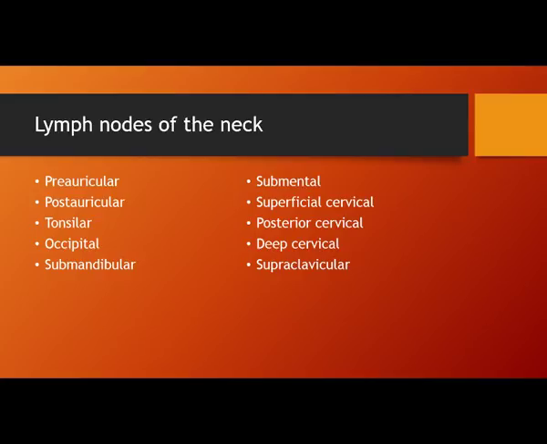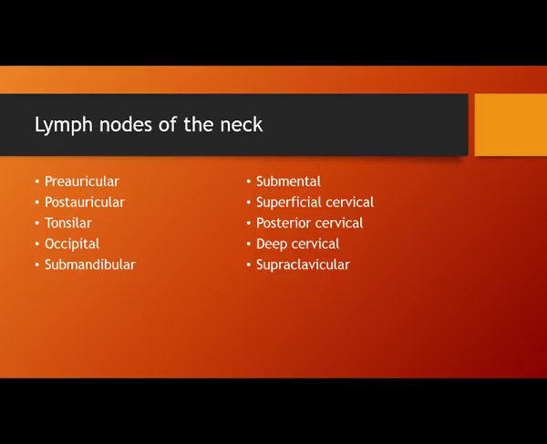Pre-auricular are in front of the ears. Post-auricular are in back of the ears. And then tonsillar, occipital, submandibular, submental, which are beneath the chin. Superficial and posterior cervical and deep cervical.